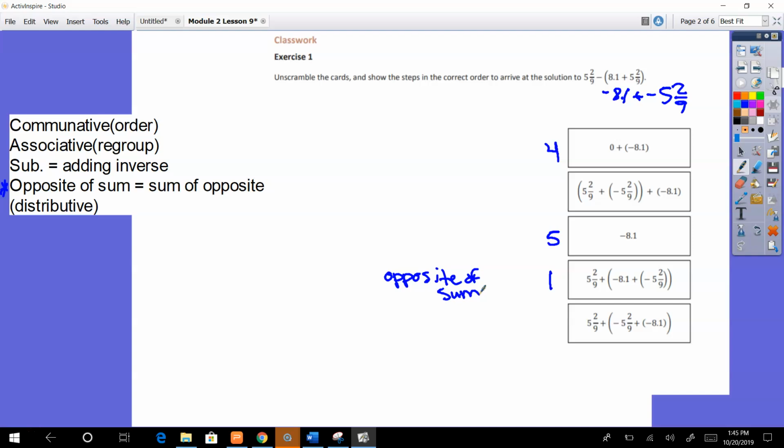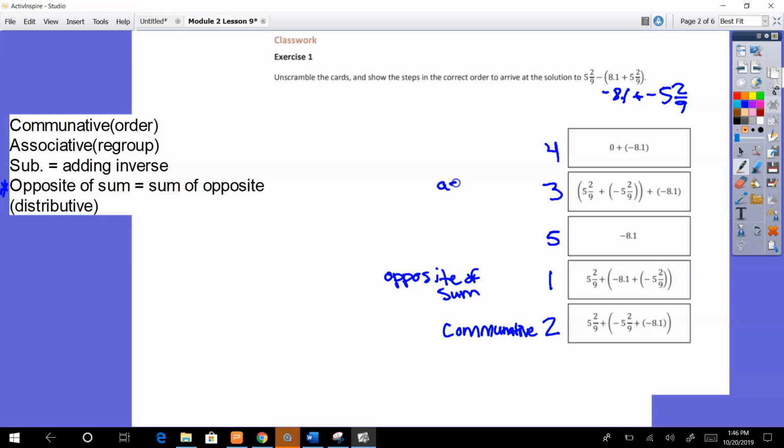After that, let's look at the other two that we have left. Here they're just in a different order. Here we have it regrouped together. So I would say this is our second step. We're changing the order, so this is the commutative property. Then this would come next. We're regrouping and putting this together first, which will give us 0, which is what we see here.